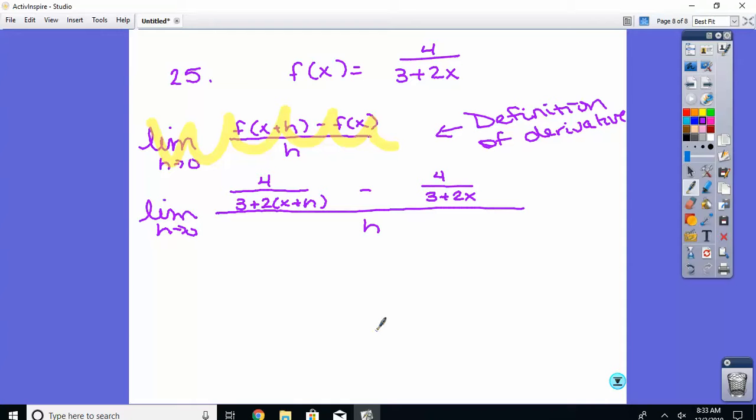All right, what do I need to do next? Common denominator. So we're going to take the first one times the 3 plus 2x on top and bottom. And we're going to take the second one times the 3 plus, can I write it as 2x plus 2h if I just distribute that through. So one big common denominator there.